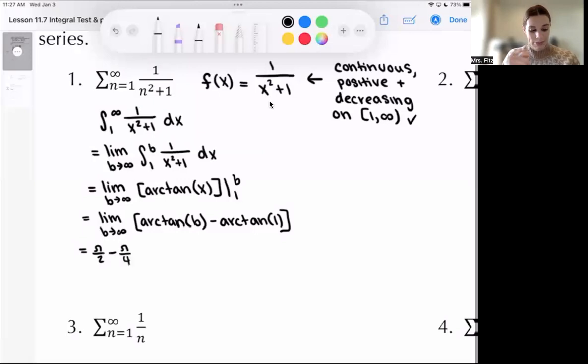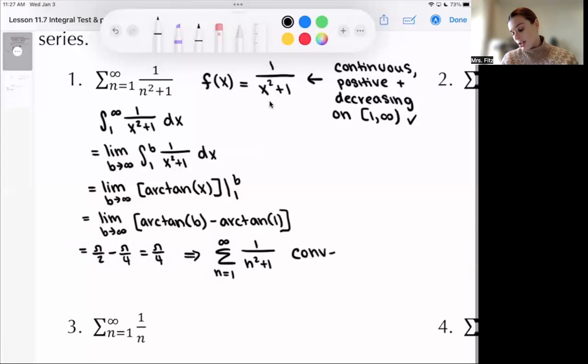Pi over 2 minus pi over 4 is pi over 4. Well, guess what? This improper integral converges. So therefore, the sum from n equals 1 to infinity of 1 over n squared plus 1 also converges by the integral test. You can abbreviate this as IT as well.